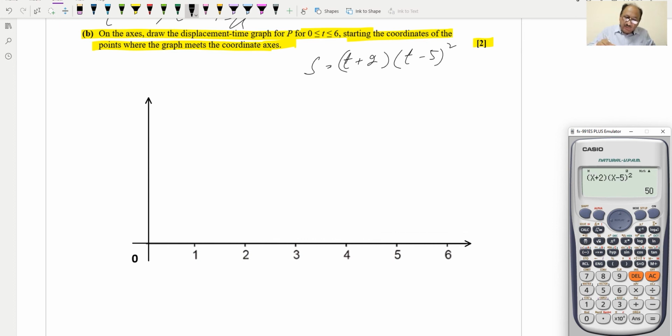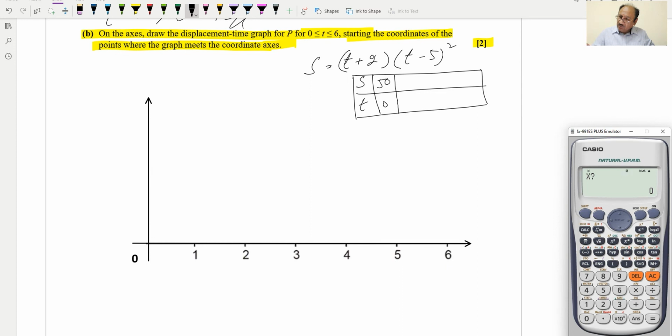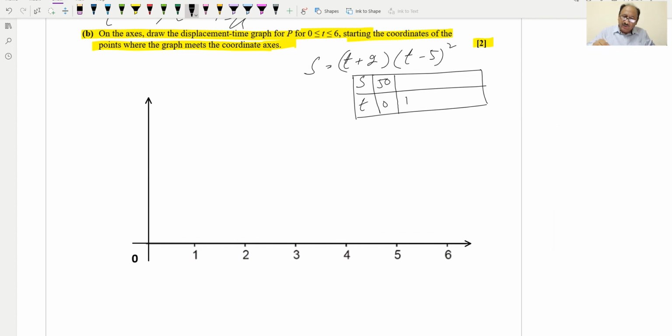So the table of values we can write as s and t. If you want to draw the table of values properly, for t is equal to 0, s is equal to 50, and t is equal to 1, calculate for t is equal to 1, we will get 48.